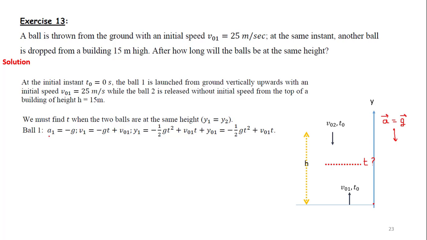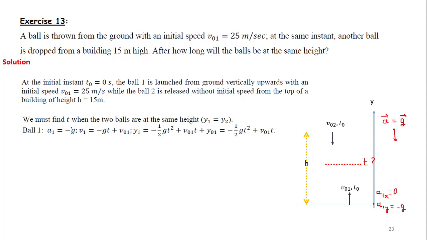For ball 1, we can write that a1x is 0 and a1y is minus g. This means that a1 is equal to minus g.